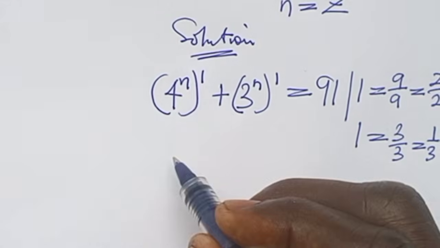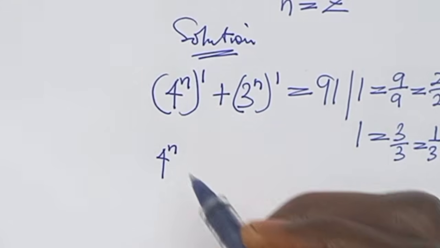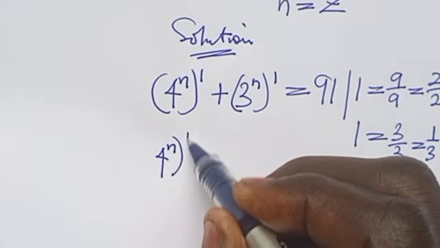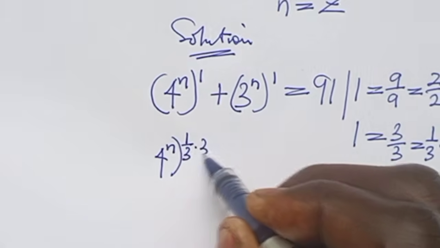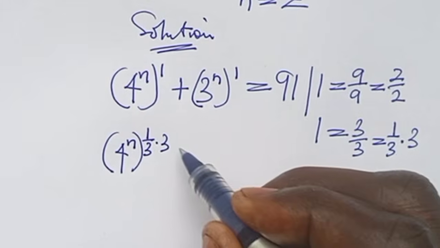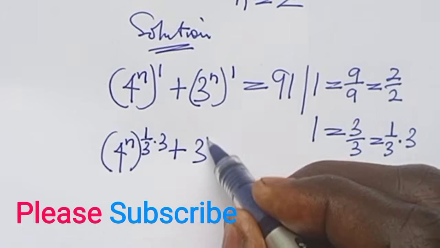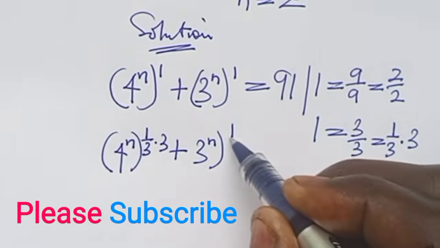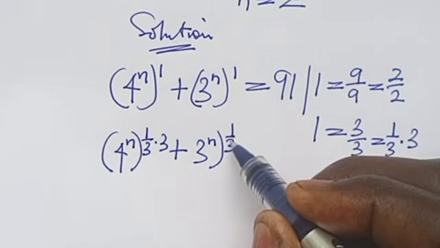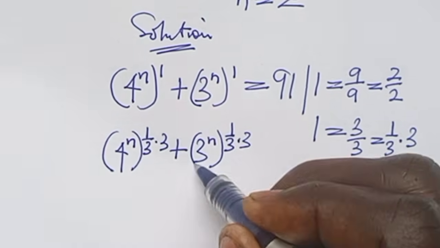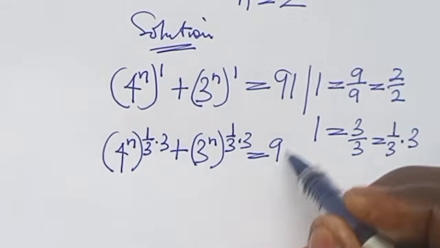So the equation becomes (4 to the power of n) to the power of 1 over 3 times 3, close the bracket, plus (3 to the power of n) to the power of 1 over 3 times 3, close this bracket, equals 91.